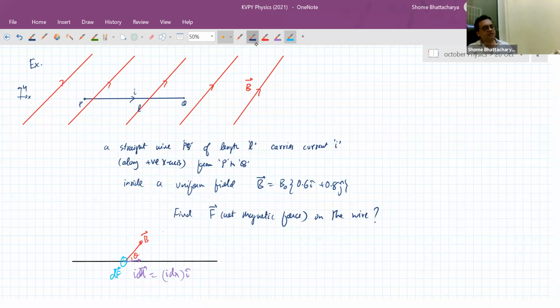So you can understand this just this way only. That dF will be I dx B naught sin theta, and the direction of it will be k cap.